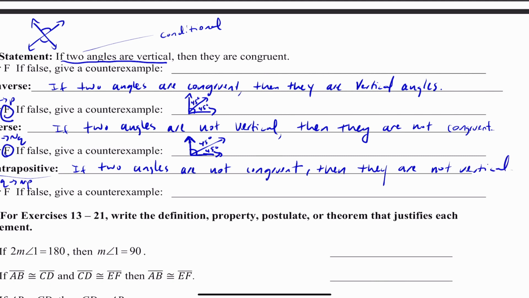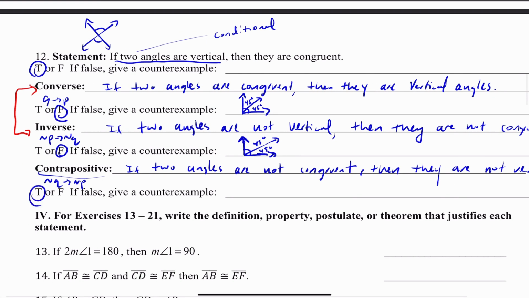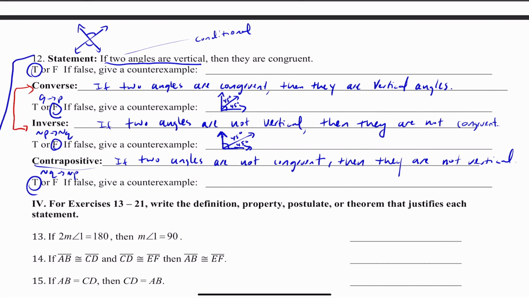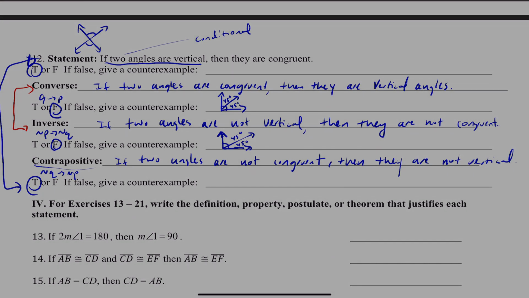If two angles are not congruent, then they are not vertical. And remember, vertical angles are always congruent. So if you're saying if two angles are not congruent, then obviously they are not vertical. So, yeah, that is true. Okay, so these two things have to be related. Okay?